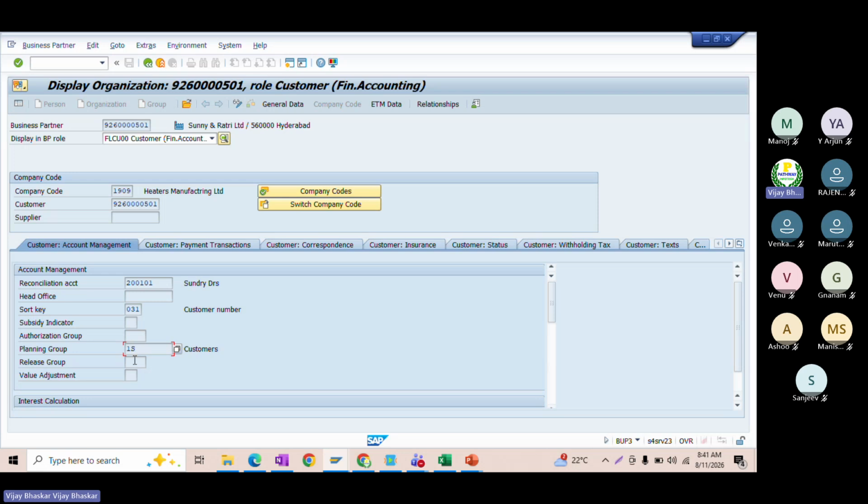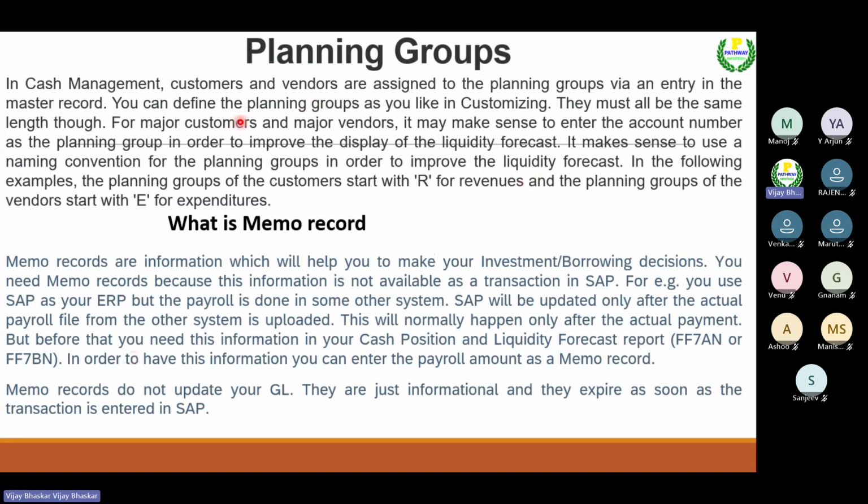That will cause confusion. That is the reason SAP recommends this; I have collected this information from SAP Press book. So the planning groups are freely customizable. They must all be the same length, as we discussed.